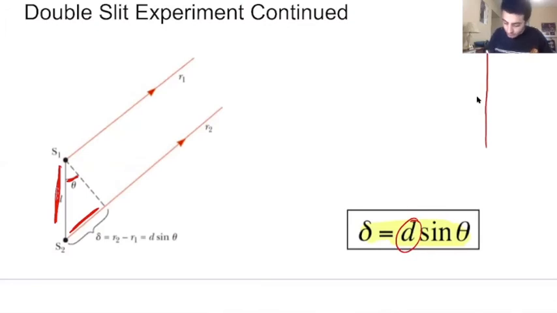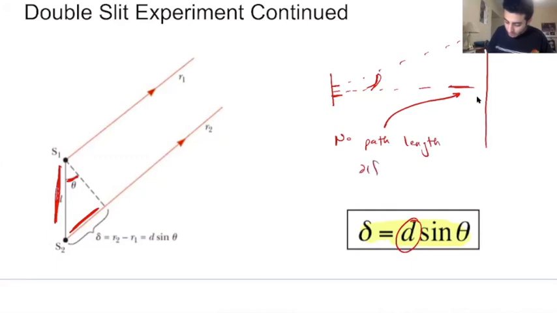So let's say this is the slit. The slit is usually really small. These are the two slits right here. This is the middle right here. This is going to be a much greater angle than this. So for here, there is no path length difference, for straight across.